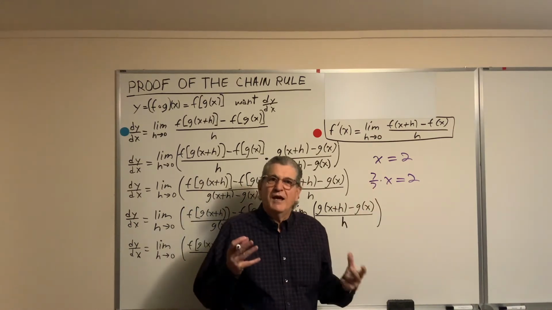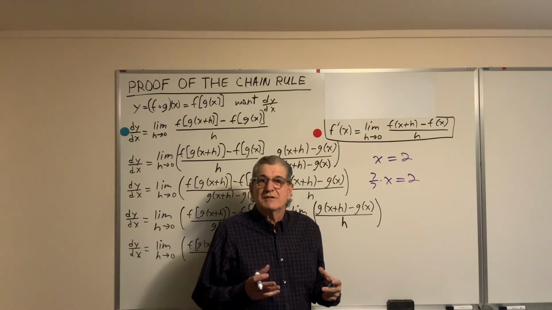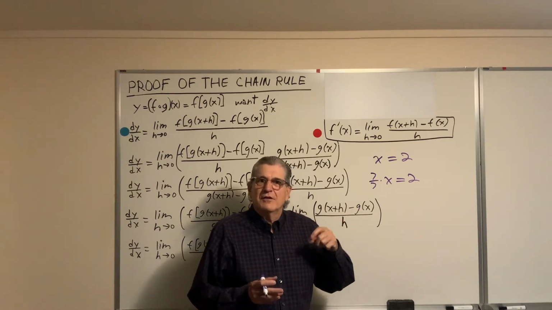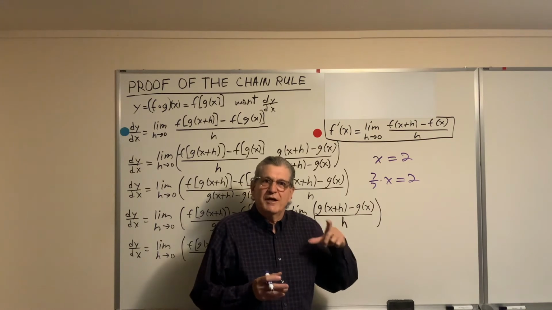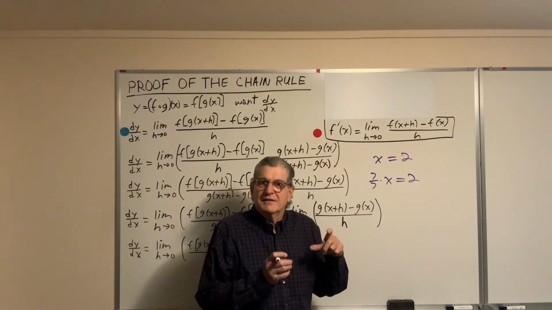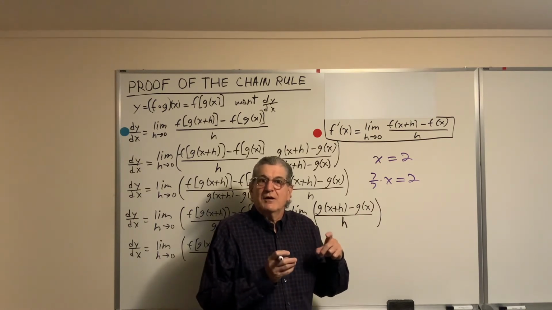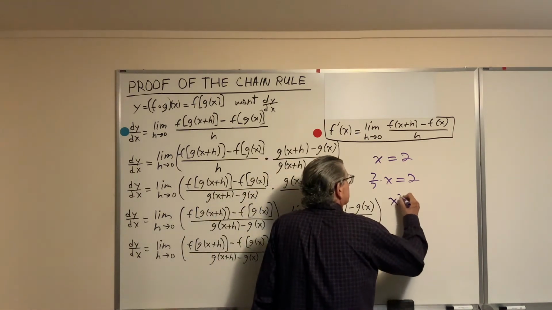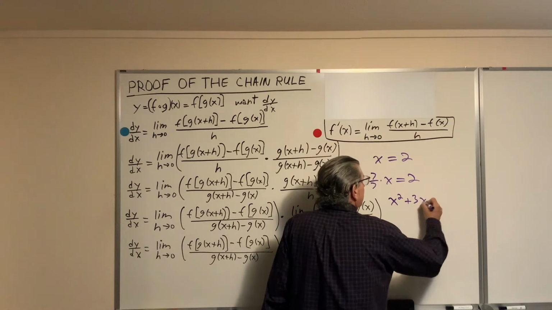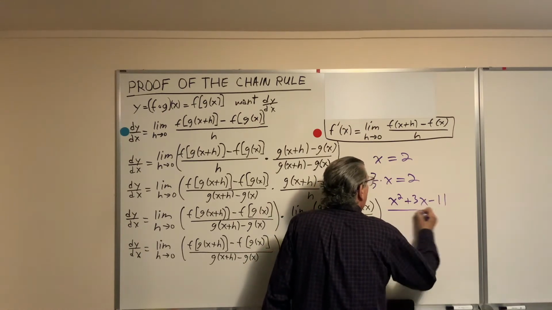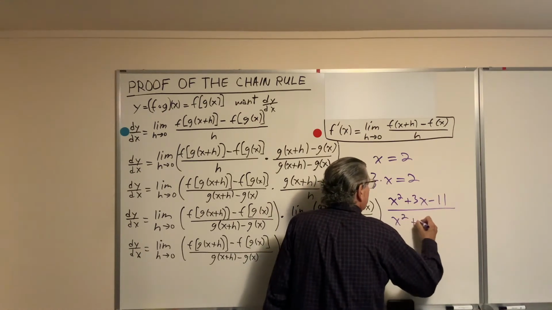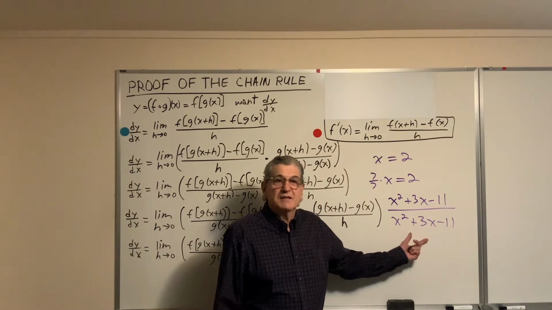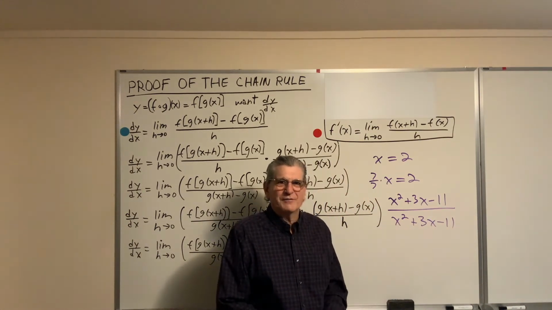In fact, when we add fractions with different denominators, we do that. We multiply the numerator and denominator by a number to get the lowest common denominator, and that's just a 1. So if I multiply something by x squared plus 3x minus 11 all over x squared plus 3x minus 11, I didn't change it. It's just 1.